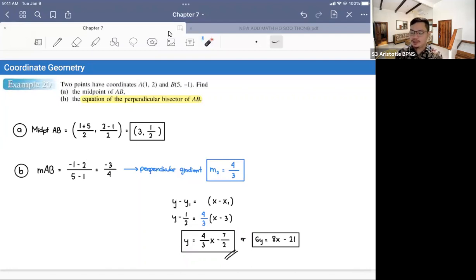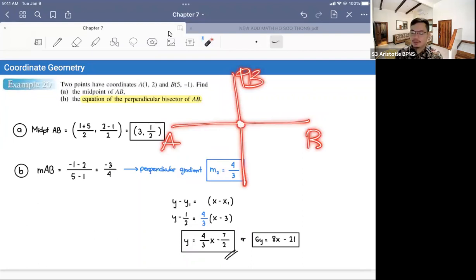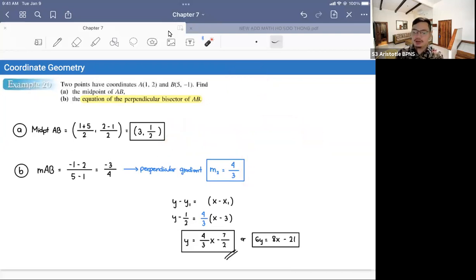It's because if you have a line and it's the perpendicular bisector, that means that the perpendicular bisector is exactly in the middle of AB. So that's the point that you need for the equation of the line. All right. So first, you need to find the midpoint of AB.